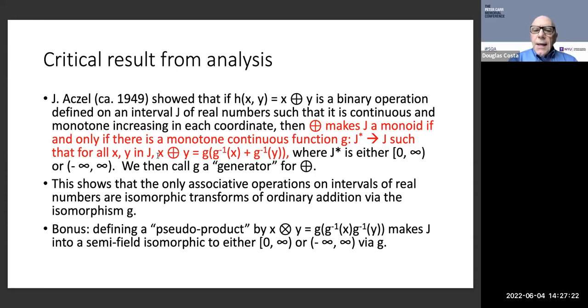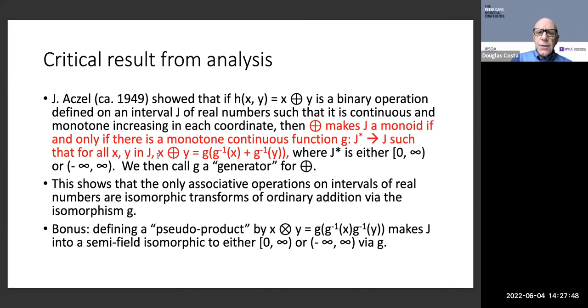When we add to this that it's a monoid, so that there's an identity element, then it's a technical point here, but Aczel's theorem is more general, but when we add the identity element, then the J star is forced to be either the non-negative real numbers with 0 included, or the open interval minus infinity to infinity.